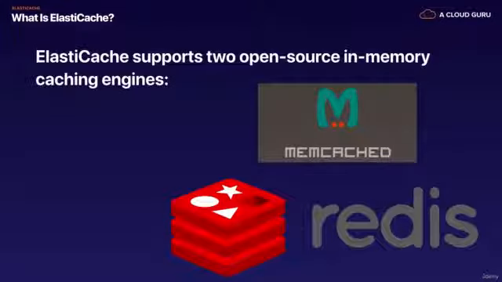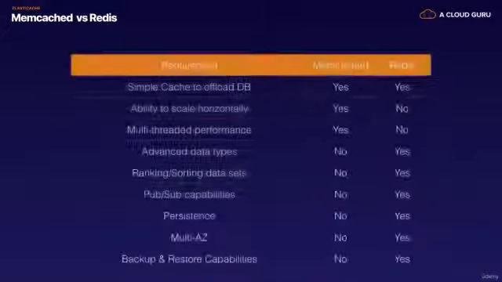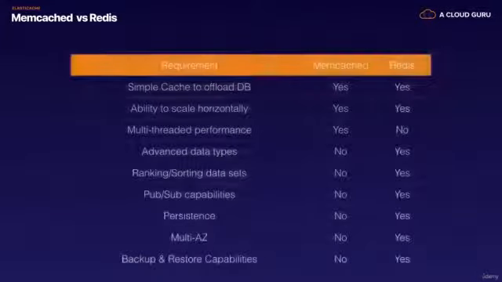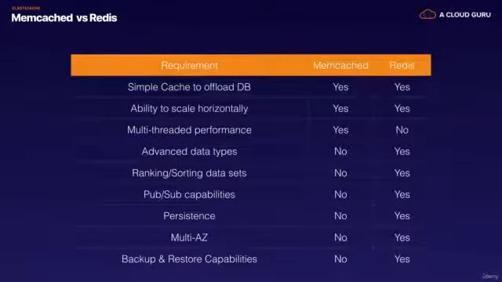Elasticache supports two open source caching engines: Memcached and Redis. So what is the difference between Memcached and Redis, and when should you use one over the other? Well, if you just want a really simple cache to offload your database, then you definitely want to use Memcached. It's able to scale horizontally and you get multi-threaded performance.